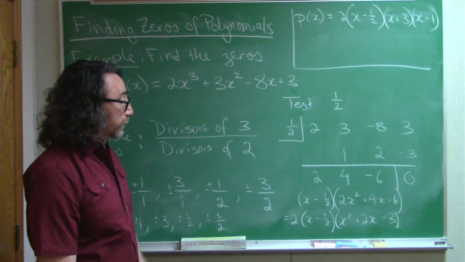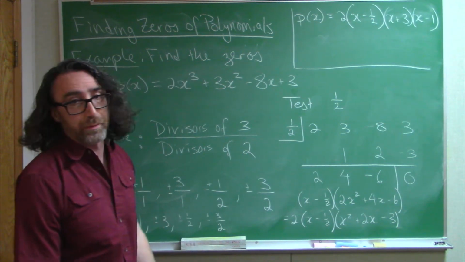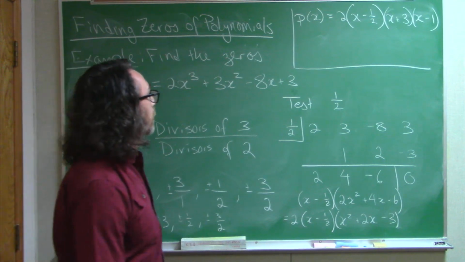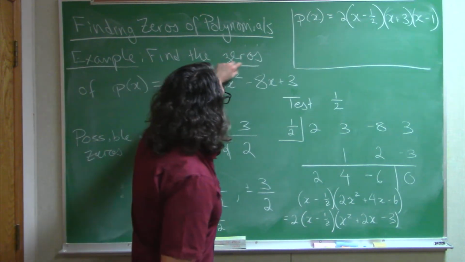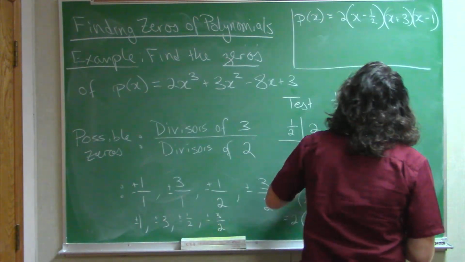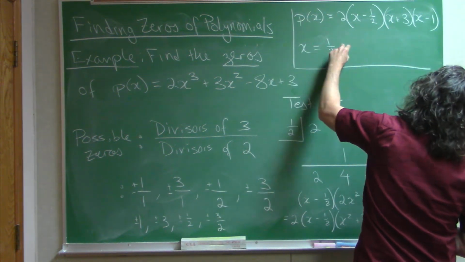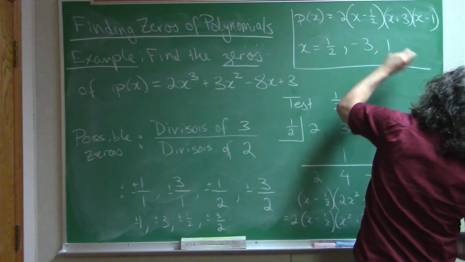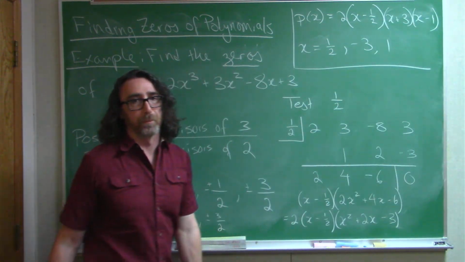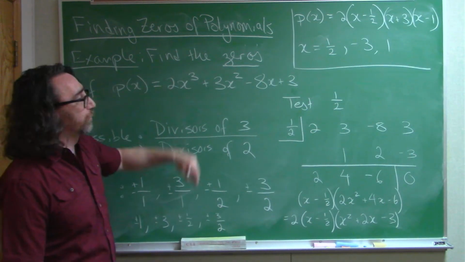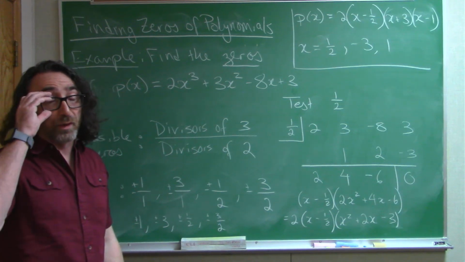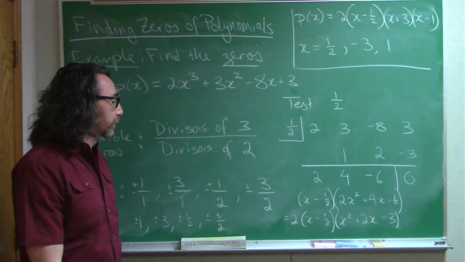Okay, so I've got my polynomial factored. Great. It did say find the zeros, but of course we know if we have the factors, then we have the zeros. X equals 1/2, x equals -3, and x equals 1. Okay, so remember, degree 3, we are looking at 3 zeros if we count with multiplicity.